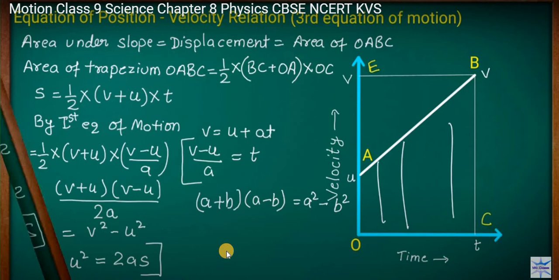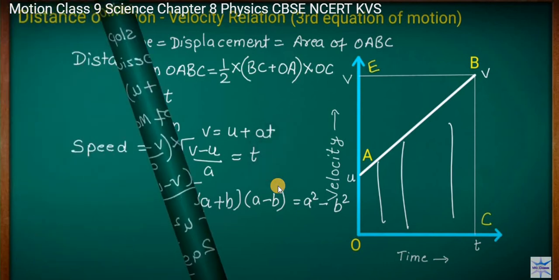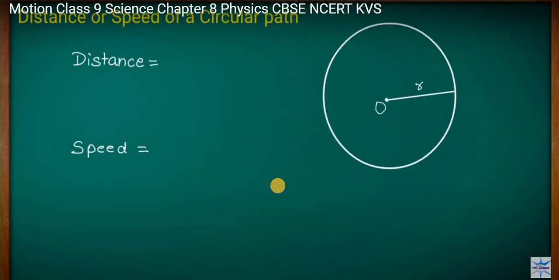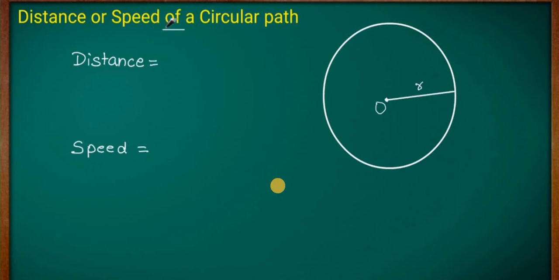Now let's see the last topic of this chapter, that is distance or speed on a circular path. How can we measure the distance or speed on a circular path?